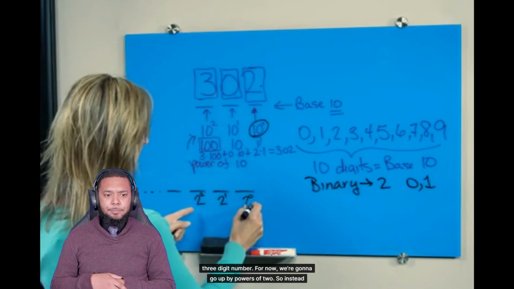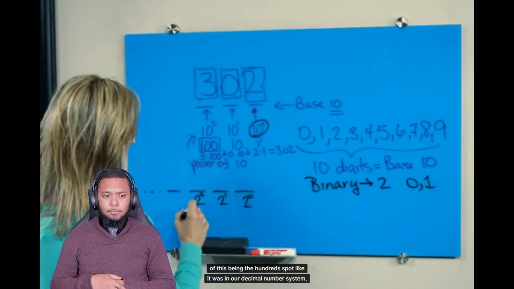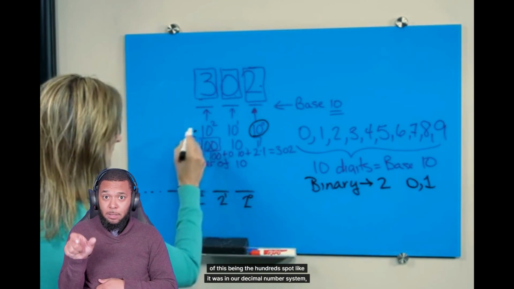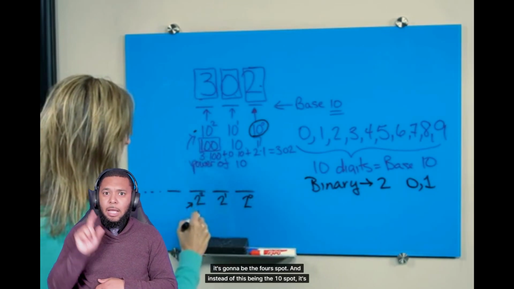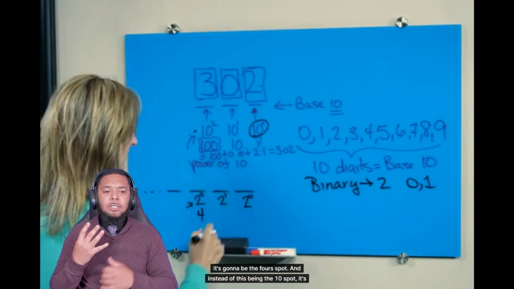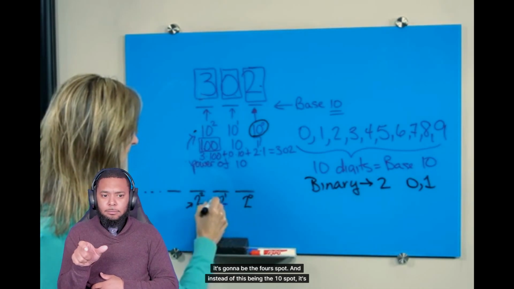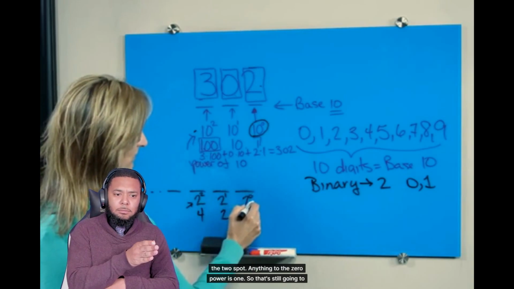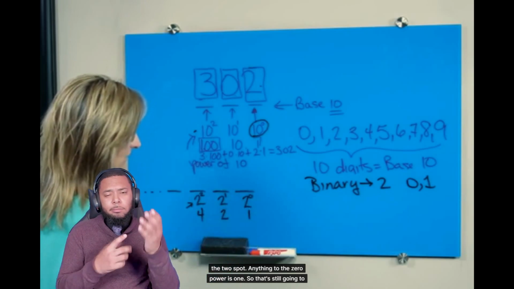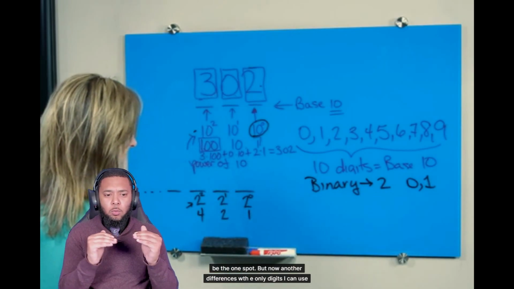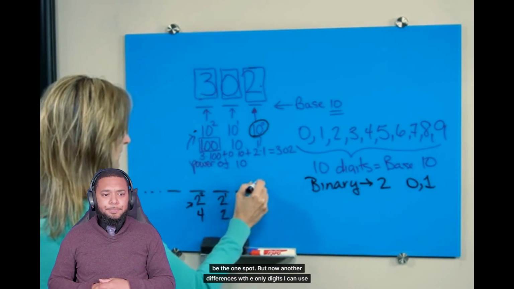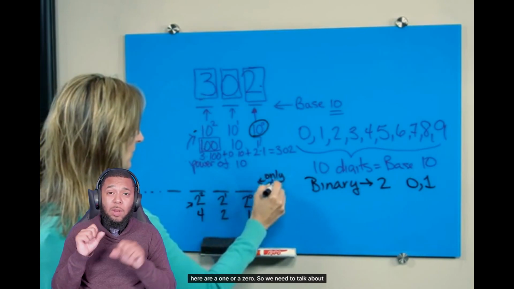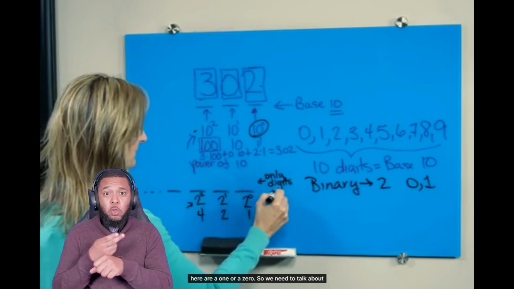So instead of this being the hundreds spot like it was in our decimal number system, it's going to be the 4s spot. And instead of this being the 10 spot, it's the 2s spot. Anything to the 0 power is 1, so that's still going to be the 1 spot. But now another difference is the only digits I can use here are a 1 or a 0.